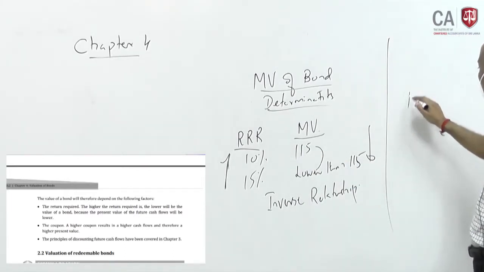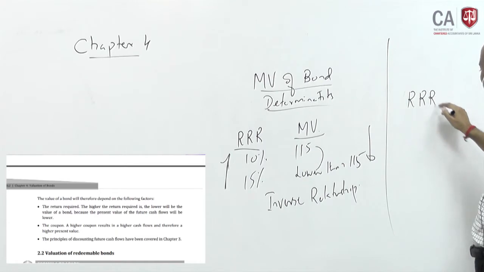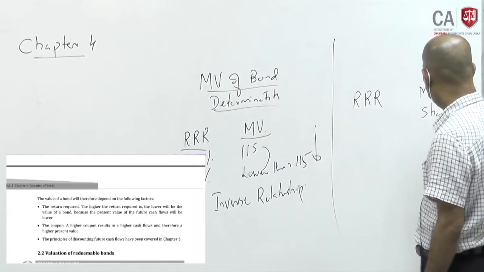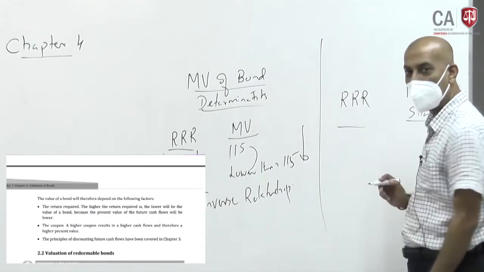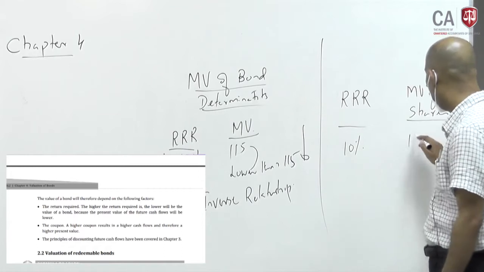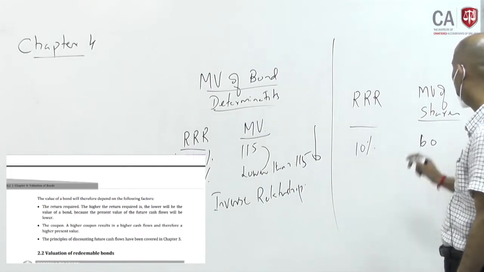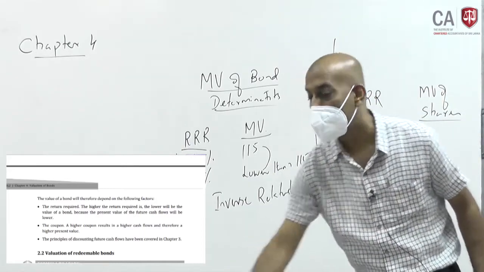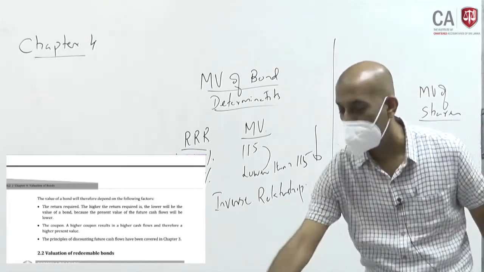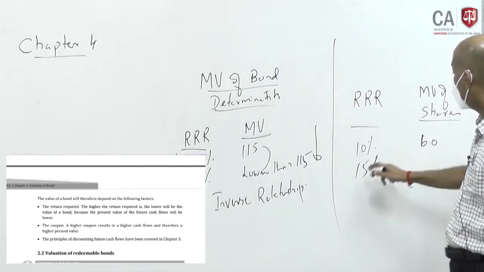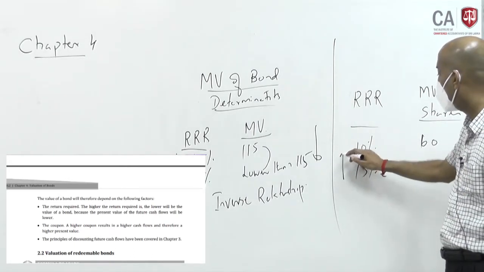Please be aware, this is again the valuation chapter of shares. We said that return requirement and market value of shares, say same 10%, your share value is say 60 rupees. If I say my return requirement is 15%, what happens? This 10% has increased to 15%.